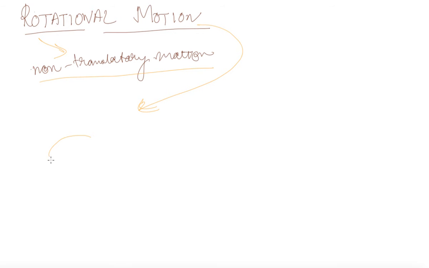Now if we have a body and if we have a fixed axis, and along that fixed axis the whole body rotates in equal intervals of time, then that type of motion is known as rotational motion.